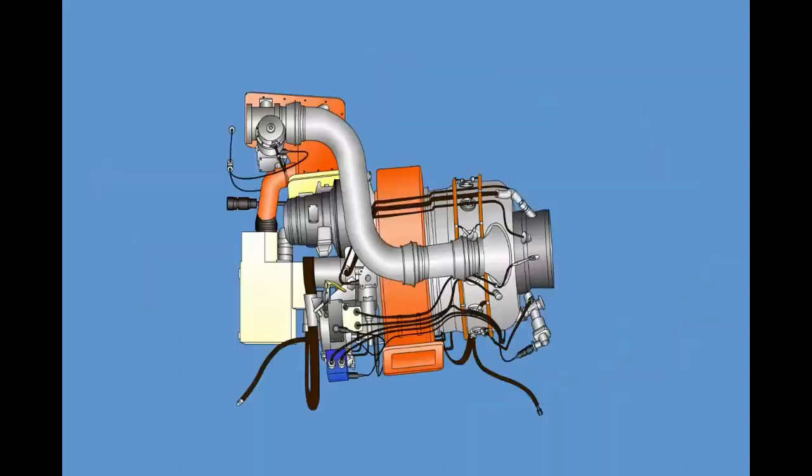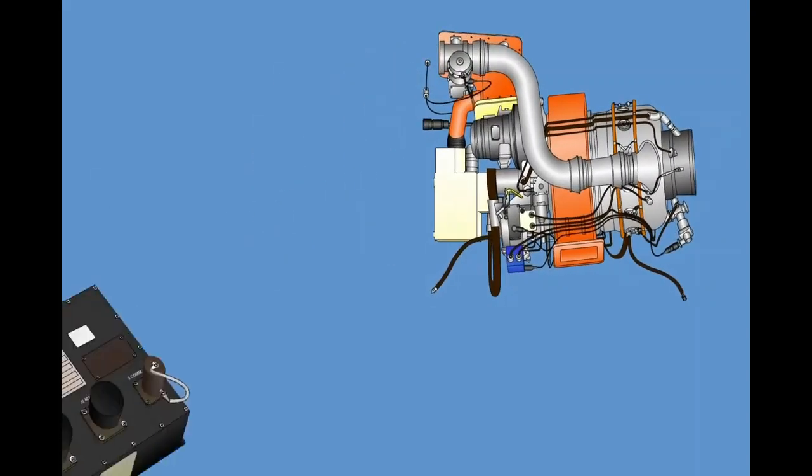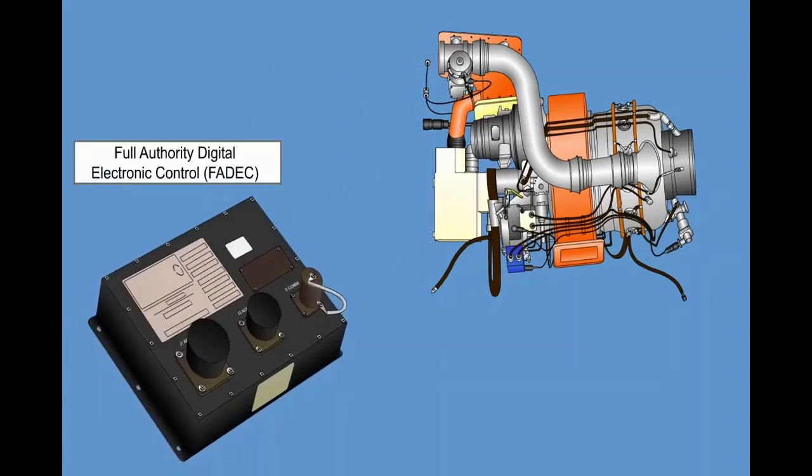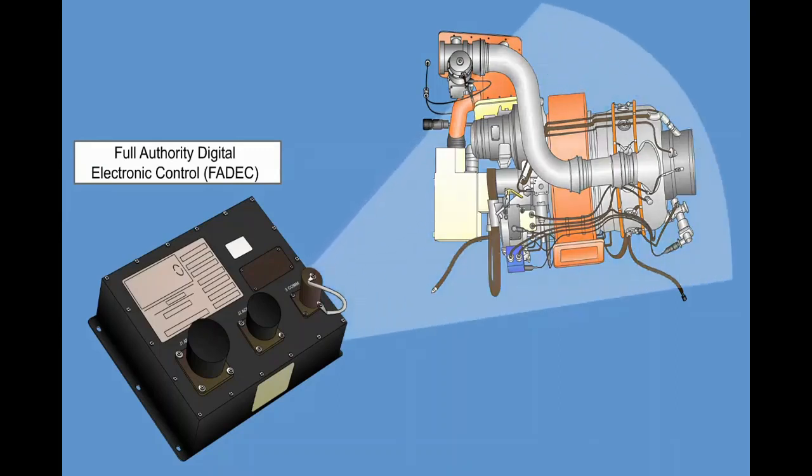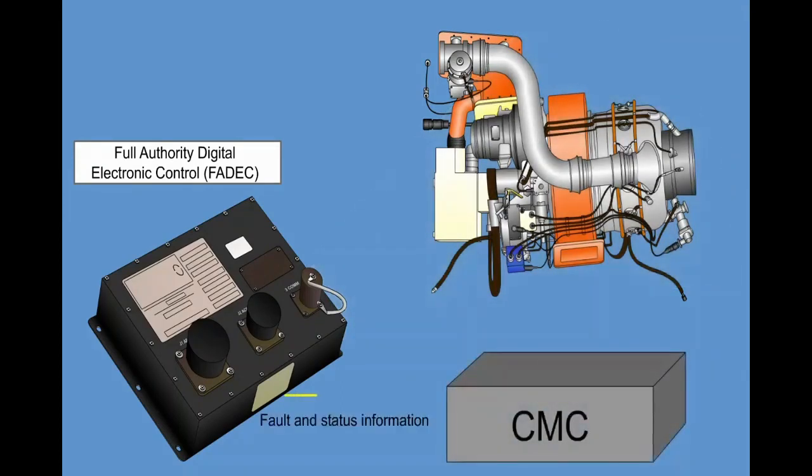Ang auxiliary power unit gagamit og full authority digital electronic controller or kaning FADEC para maka-operate sa various nga auxiliary power unit components. Kani pong FADEC also monitors the operation of the auxiliary power unit and provides fault and status information dito sa aircraft central maintenance computer or kaning CMC.